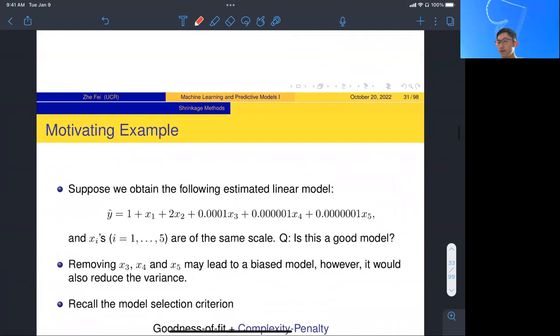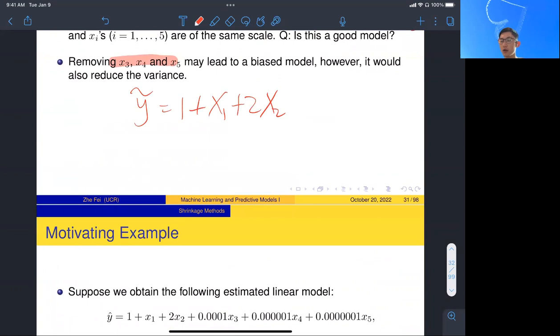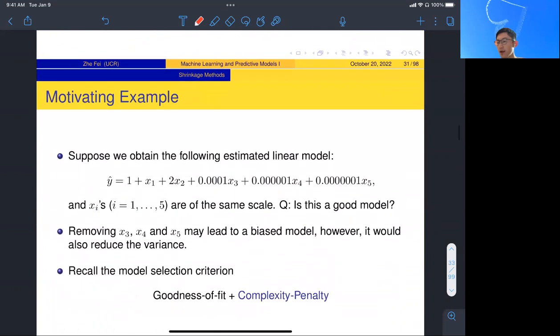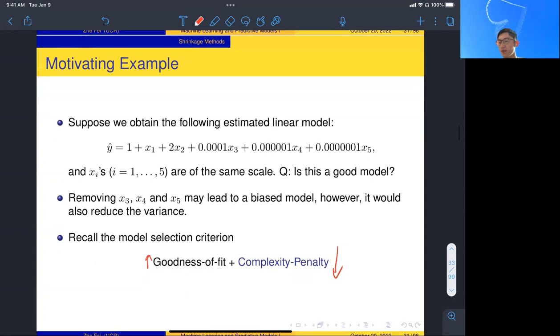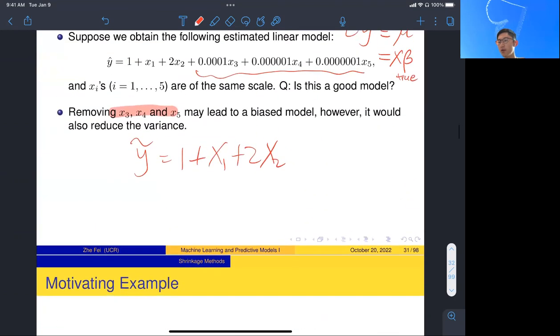So for this alternative model y tilde, essentially we would have a reduced model complexity and slightly increased loss, or the goodness of fit is slightly worsened, but overall, we should achieve a better model. So we should prefer this model. Intuitively speaking, we could see the difference.